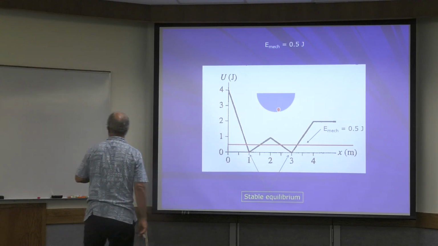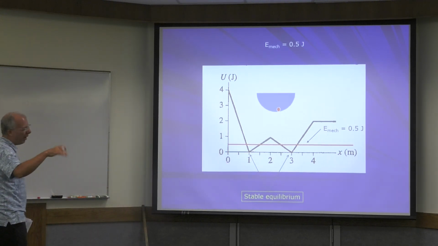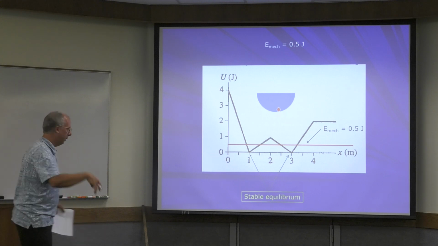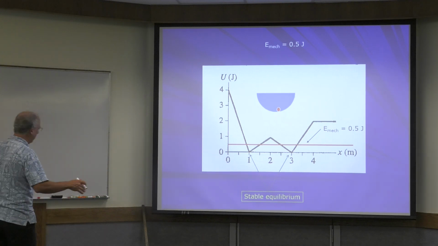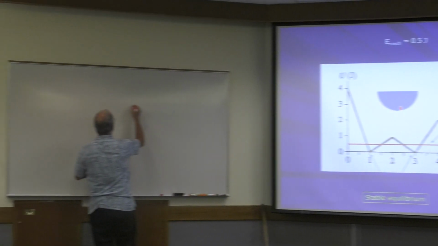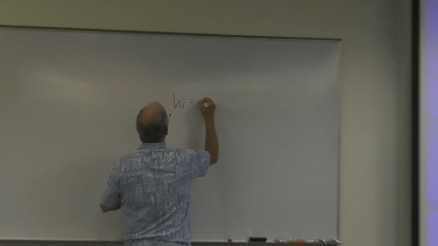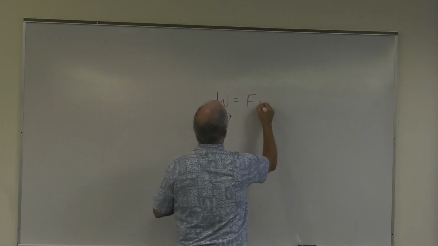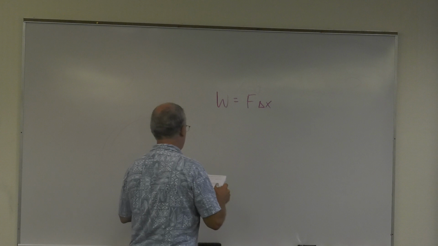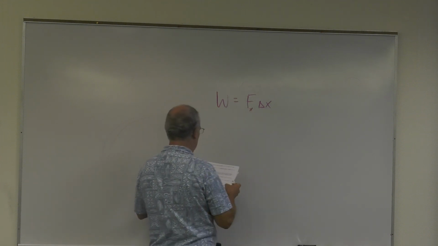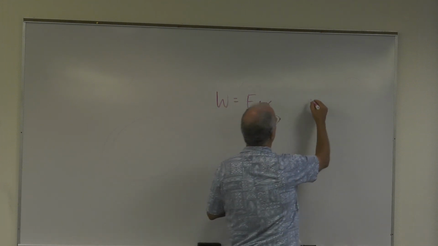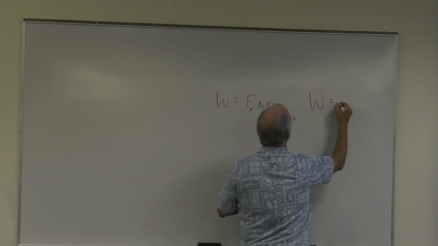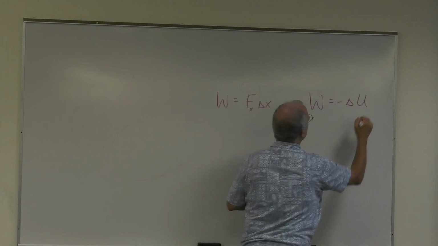Well, let's see. I'm just going to do a one-dimensional simple derivation, but the result is generally true. For one-dimensional motion, work equals F delta x, right? But we also learned that the work equals minus delta U. That was a big deal.